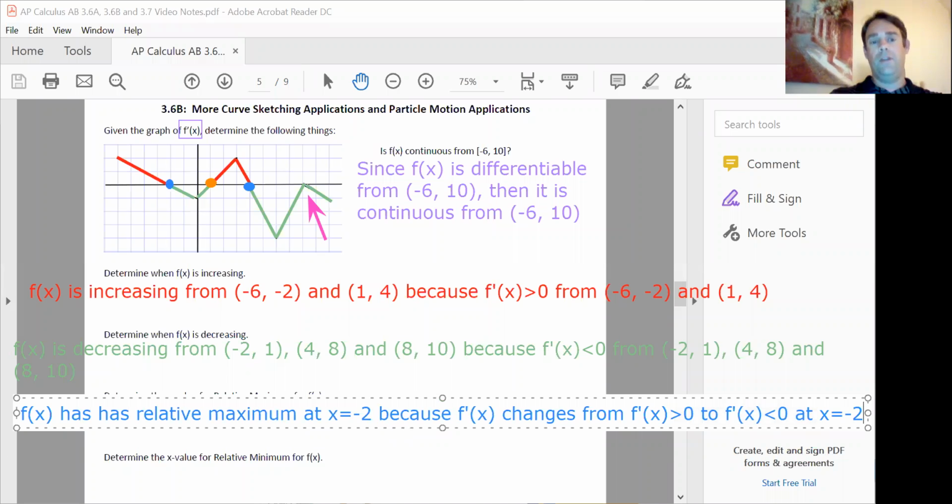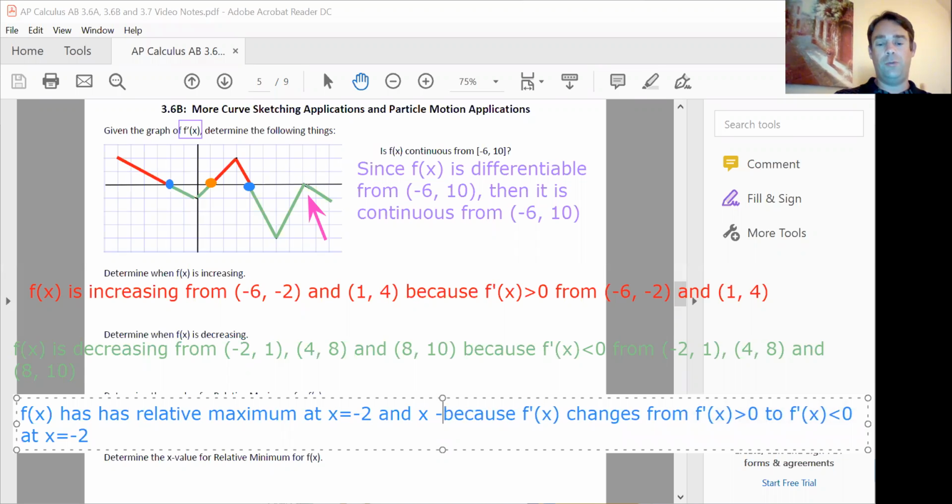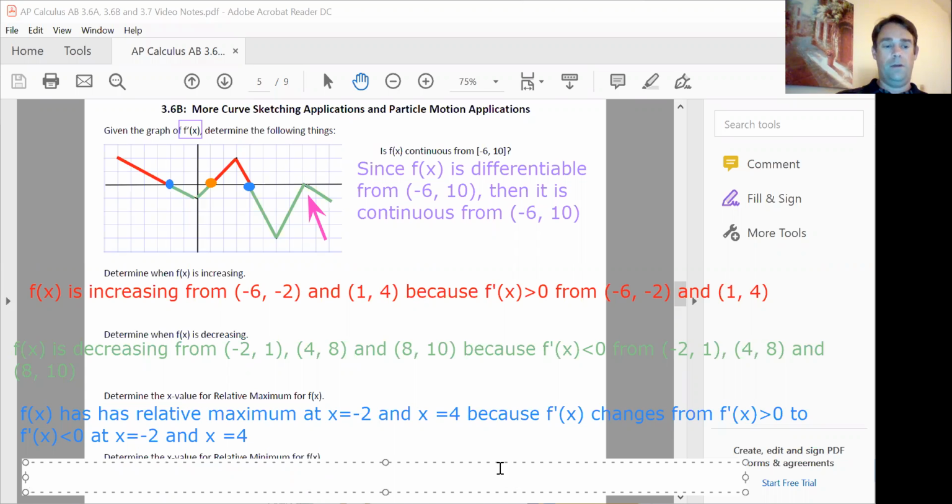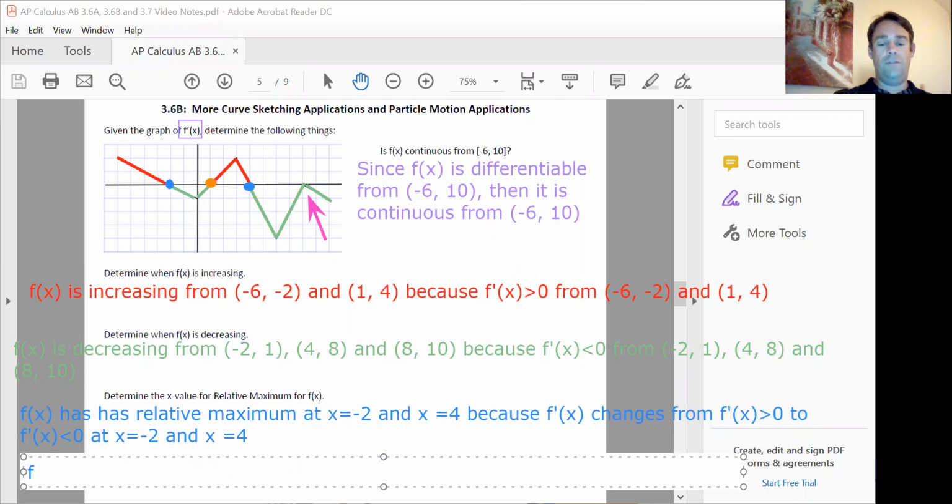And we also have another one at x equals 4. But we only have one relative min. So no harm, no foul there. We'll go ahead and throw that up here. All right, let's see what we can do with that here. F of x, let's make that orange.